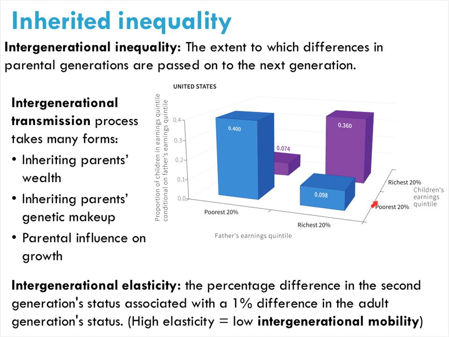And likewise, you get another big chunk here where the richest 20% of children, 36% of them's fathers were also in that quintile. Where you don't get much is kids who were in the richest and then end up in the poorest, or were in the poorest and end up in the richest. In other words, accidents of birth or your family's wealth is pretty important to explaining what your income's going to be.